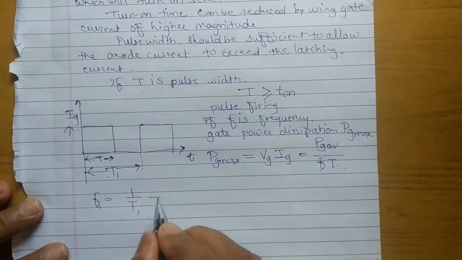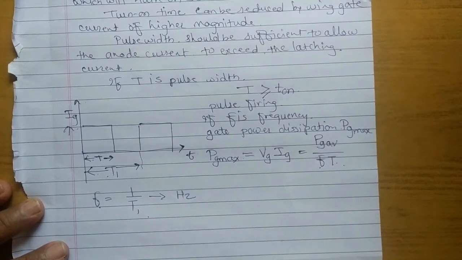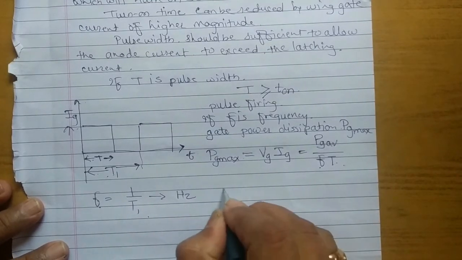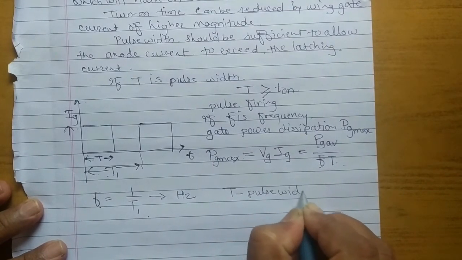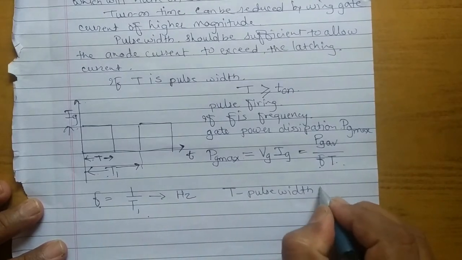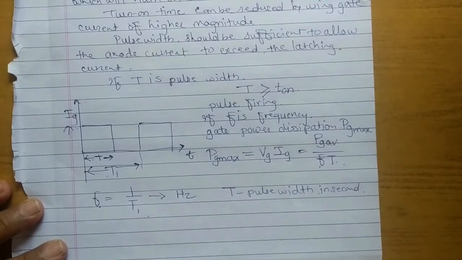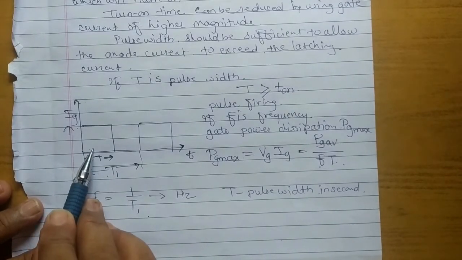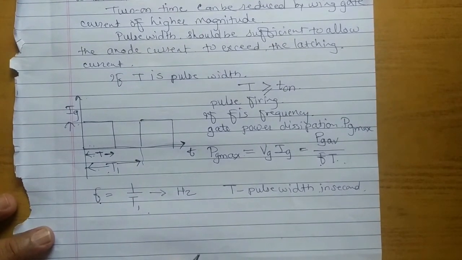Okay, and this can be given in terms of hertz, where T is a pulse width. And it may be in a second or millisecond, whatever it may be. So from this figure I can write the duty cycle ratio.